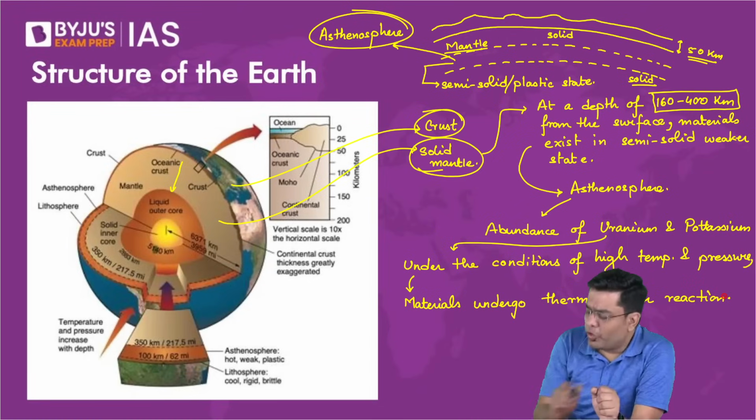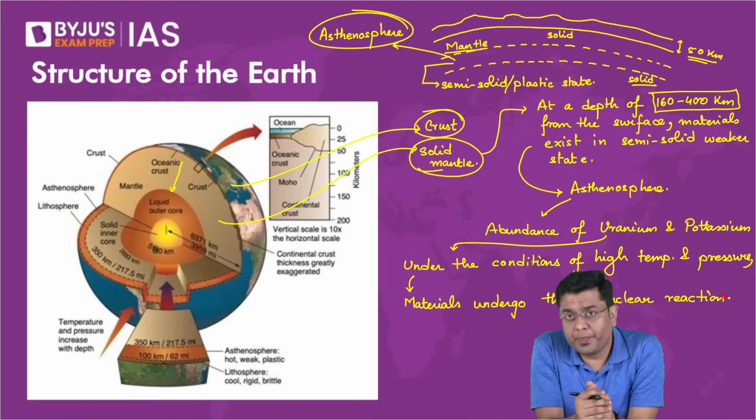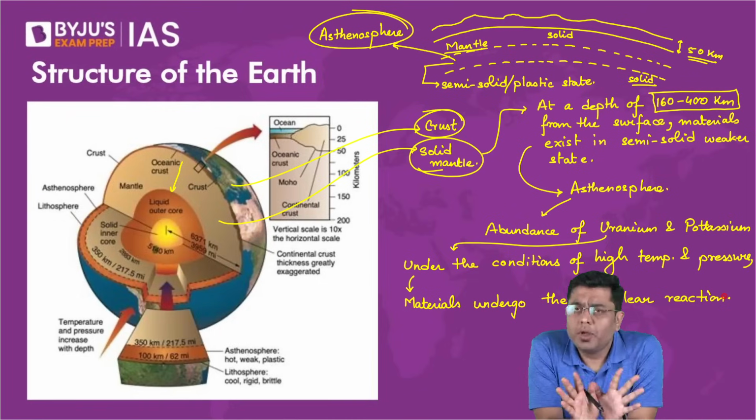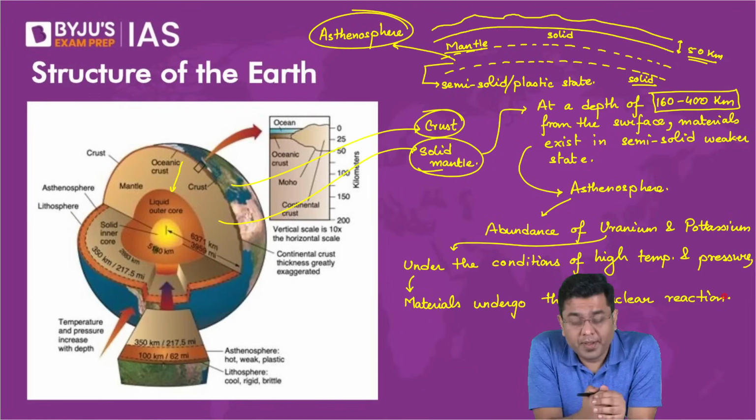Now, whenever a nuclear reaction takes place, I'm sure you would have read your basic elementary science in your class 7th, 8th, 9th and 10th standard. So, I hope you are aware that whenever a nuclear reaction takes place, what do you think? Heat is produced or heat is consumed? What do you think? Is the heat produced or is the heat consumed?